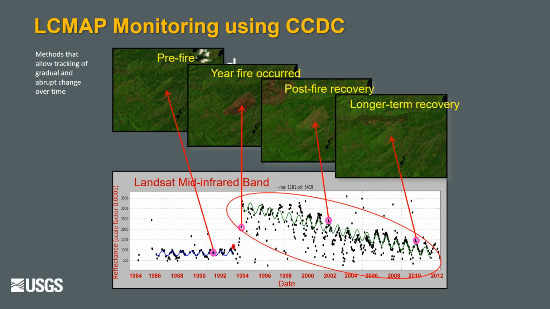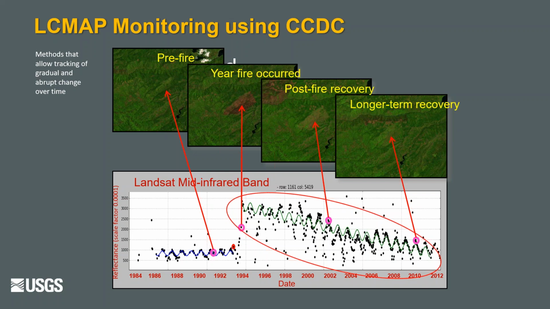The lower chart shows the behavior of that pixel, the reflectance of that pixel in the ARD in the mid-infrared band. So we base our change detection on bands green, red, near IR, shortwave infrared. We don't use the thermal bands or the blue band to determine change.